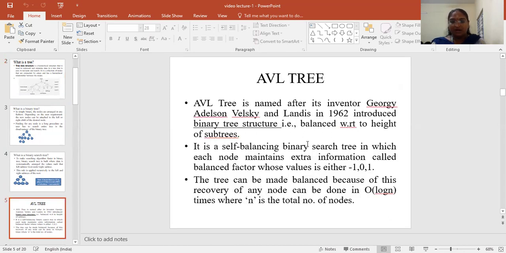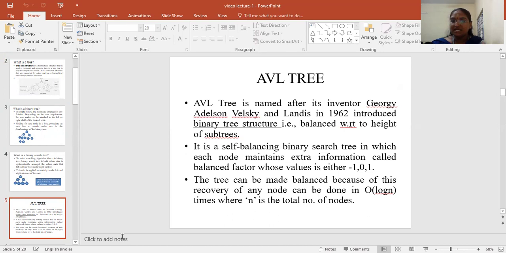Clear? Now, the tree can be made balanced by recovering any node, and that can be done with the help of big O of log n. Log n means the time complexity here will be big O of log n, where n is the number of nodes. Clear.